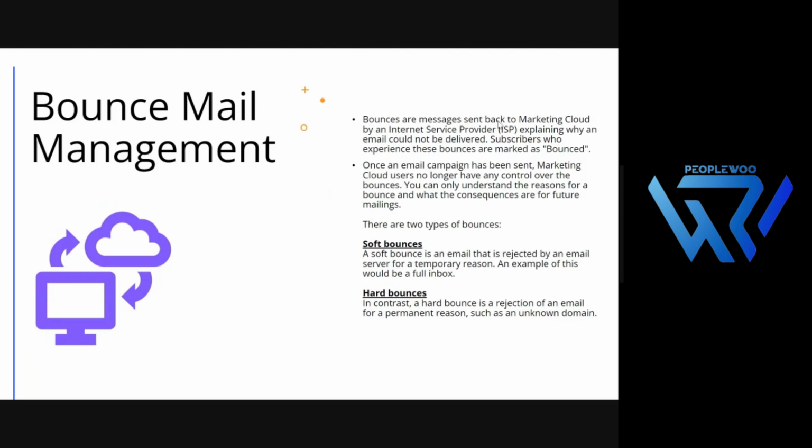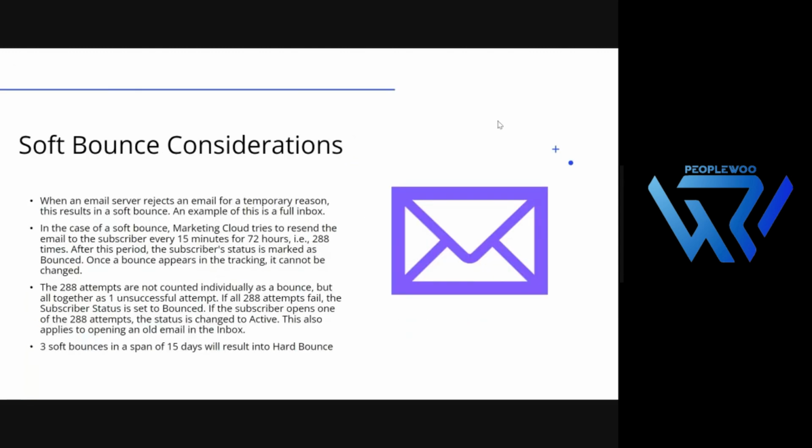Permanent reason is domains are invalid, that domain never got created, domain is blocked, or whatever the permanent reason is, the system will not be able to locate that address. So in that case, a hard bounce occurs and straight away the status of that subscriber is changed to held. Now guys, when you consider soft bounce, there is a formula to calculate a soft bounce.